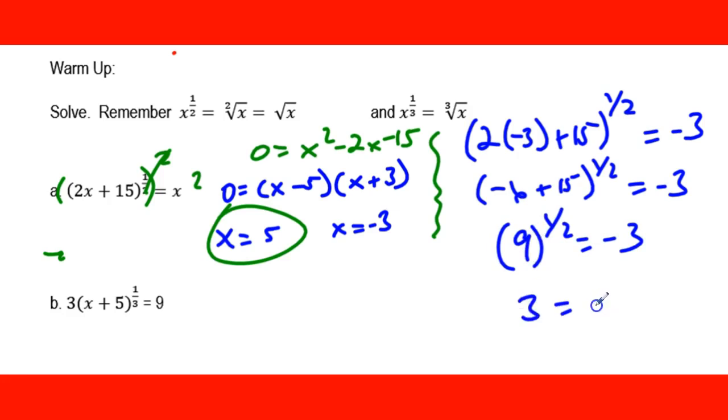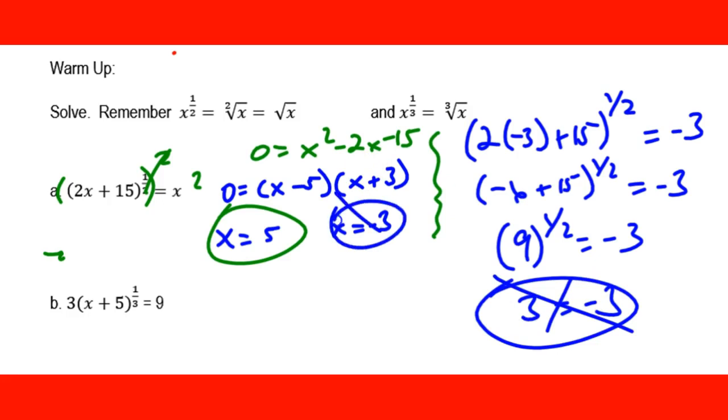That's 3, and you have -3. So 3 does not equal -3. That's not true, so this right here is not a solution. That's why you've got to check it.